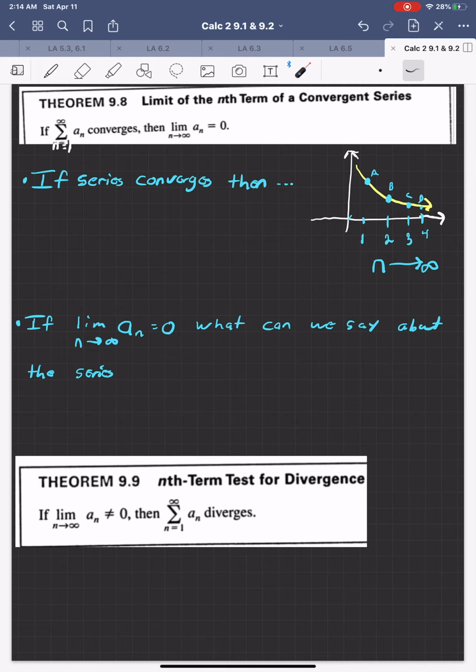And I'm going to start with a little bit of geometry to see if I can help make sense of the theorems. So notice that I have n running along that x-axis. We'll say it's n. And what we have is a few points indicated here. I'm just trying to give you a visual.